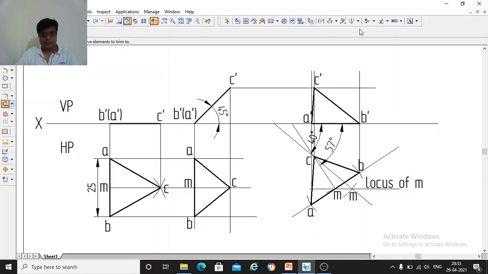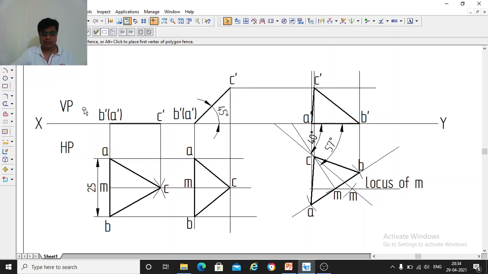So this is Y. All these things you should do manually using scales, pencils, protractor and compass, right?